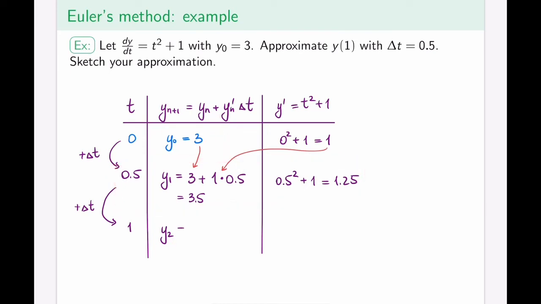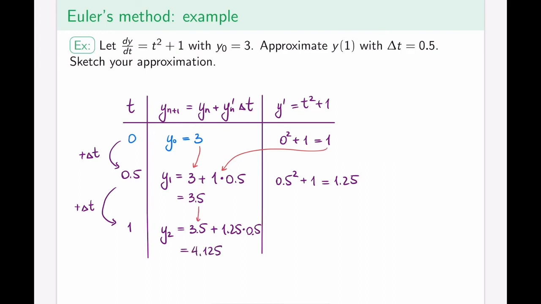So what am I going to have? I need to take the previous y value, which is 3.5. So this travels down here, plus the previous slope value, which is 1.25, times the step size as per the formula, and the step size is always fixed at 0.5. So all of this together will give me 4.125.